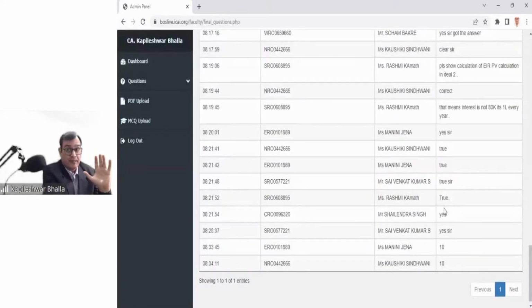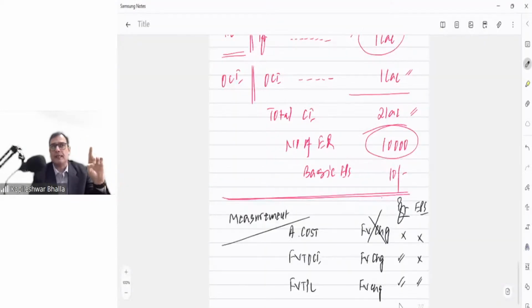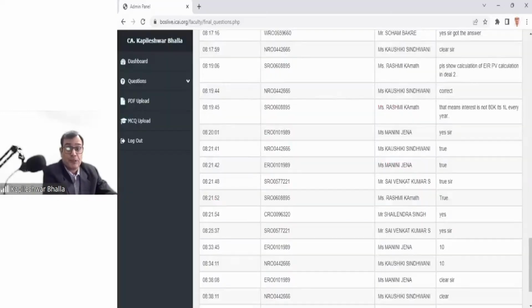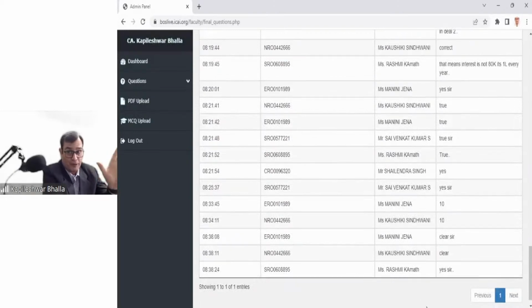When a company is applying amortized cost, the impact of fair value changes in the P&L: no. EPS: no. When the company is considering FVTOCI, profit impact: yes. EPS impact: no. And when the company is using FVTPL, the EPS impact and the profits impact both are a yes. Wonderful indeed.